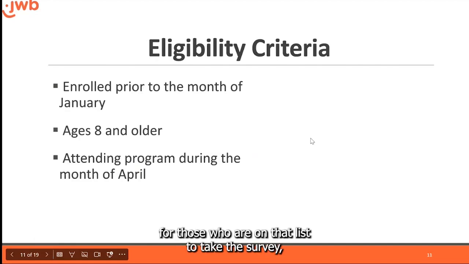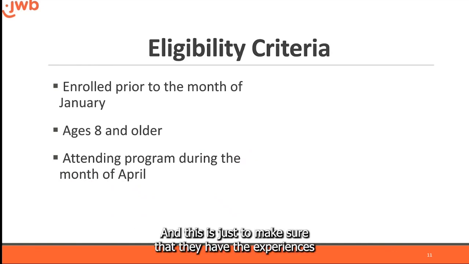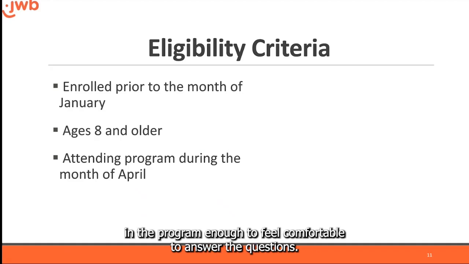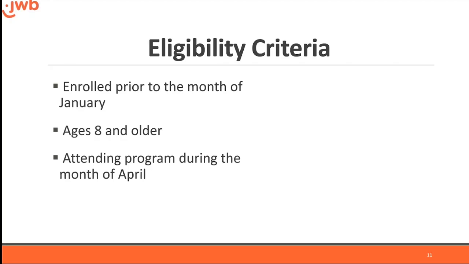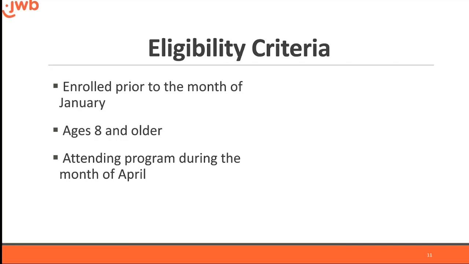For those on that list to take the survey, they must be enrolled in your program prior to the month of January. This is just to make sure that they have enough experience in the program to feel comfortable answering the questions. They must be ages 8 and older, and they must also be attending your program during the month of April.